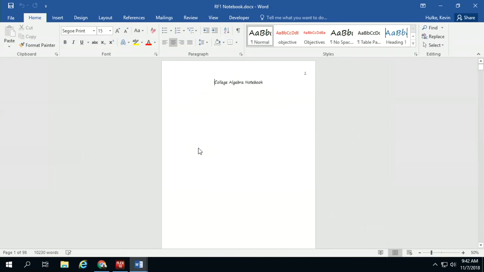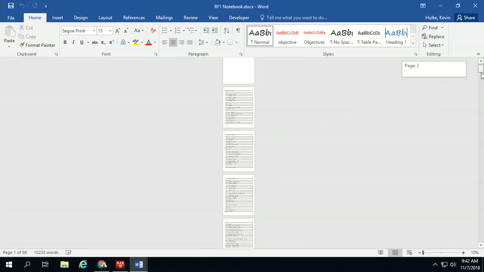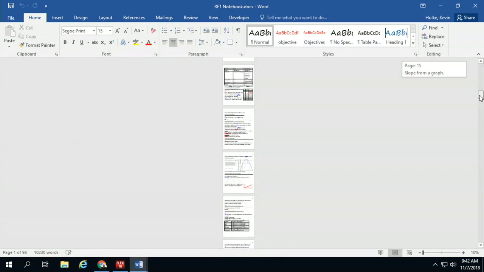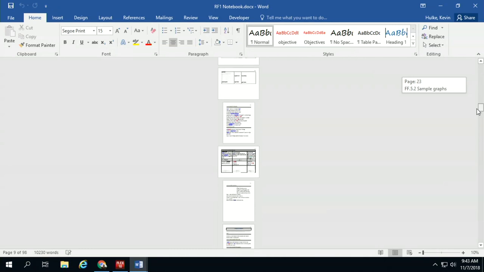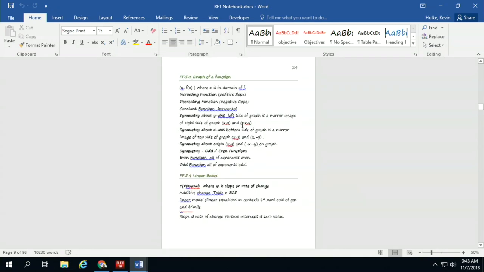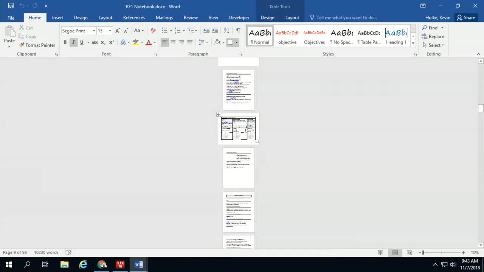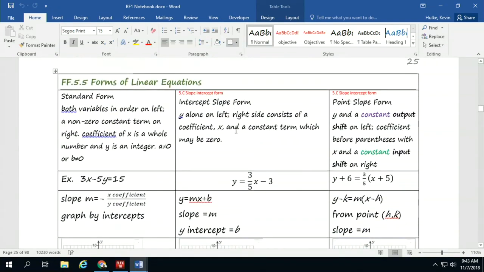Okay, so that one day that we were doing the notes, nope, that was the, this is the one that I was going to, why did that not work? This is the one I was going to send you, Madeline. The forms of the linear equations. And I forgot to email you.